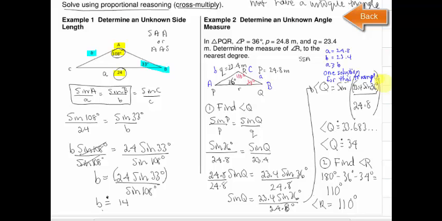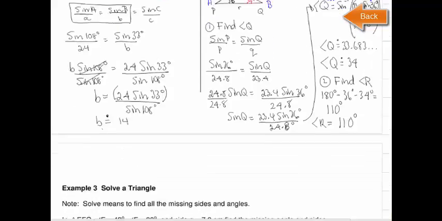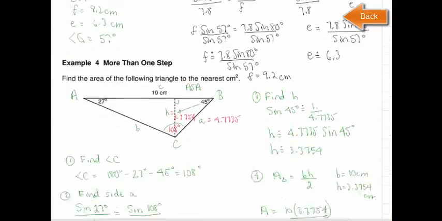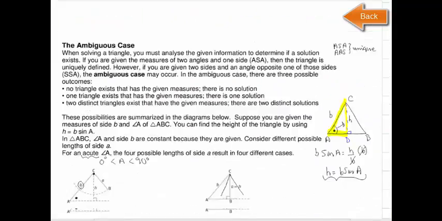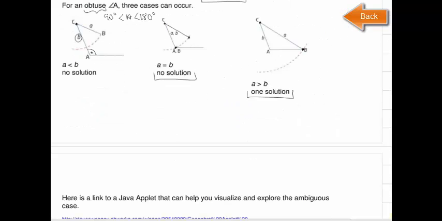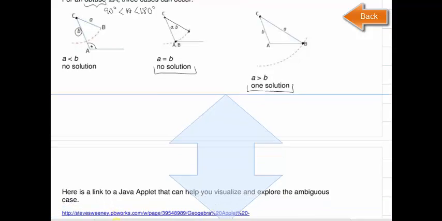Okay, so I'm going to ask you to take out a separate sheet of paper, and I'm just going to add some notes in under here. And what I'd like to do is make some observations about a triangle that is an ambiguous case where you come up with 2 solutions.